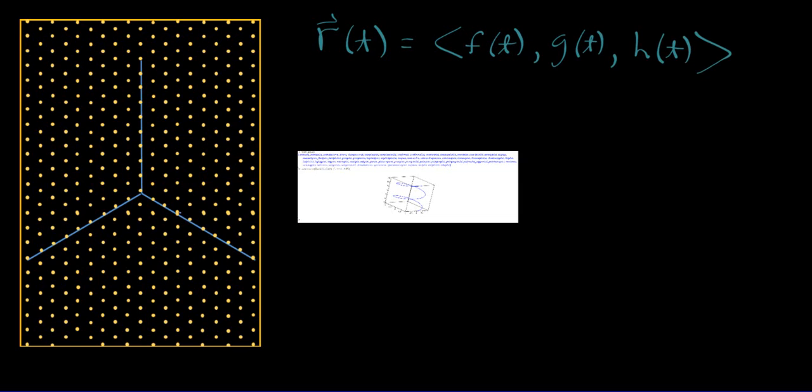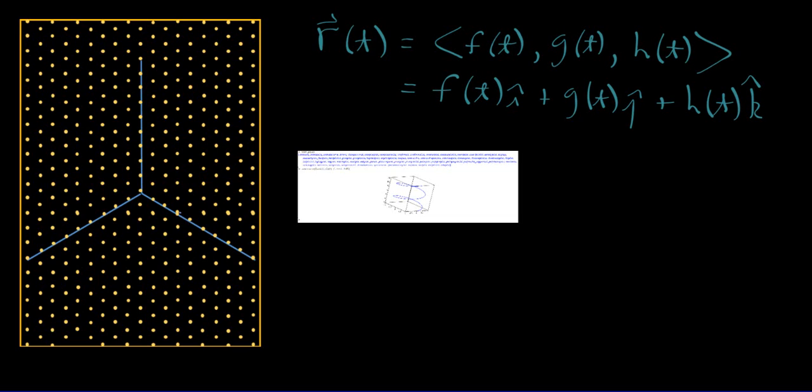And of course you can write that this way, f of t i plus g of t j plus h of t k. You can write the vector valued function either way.